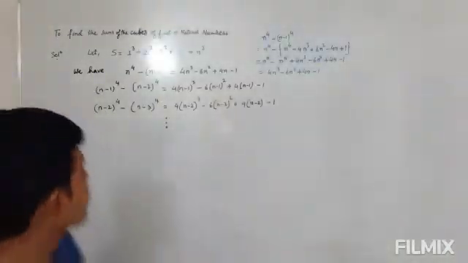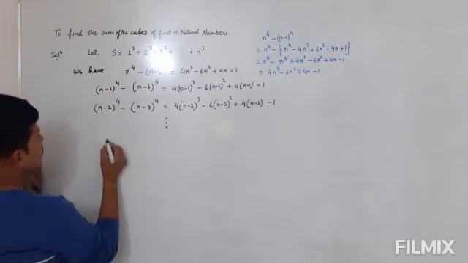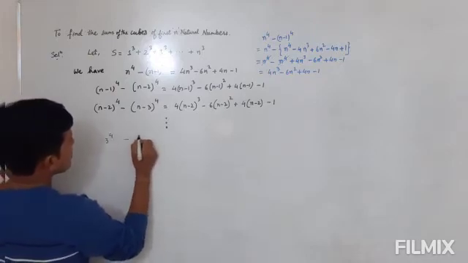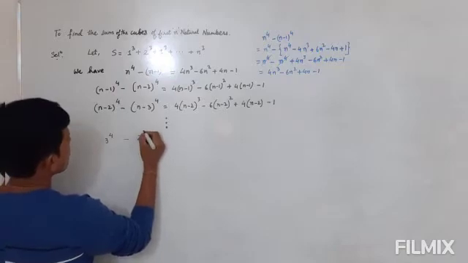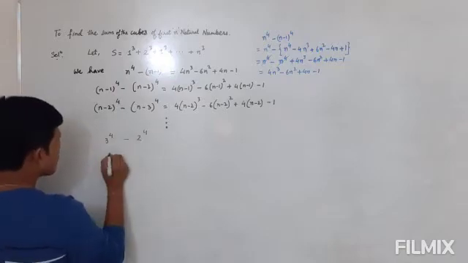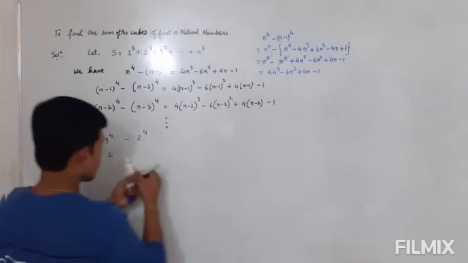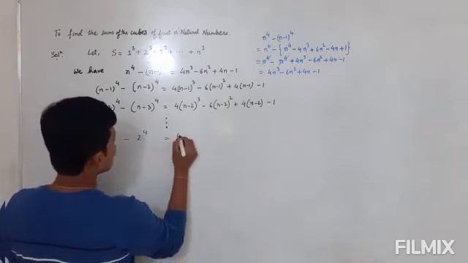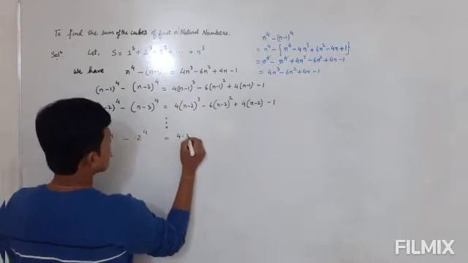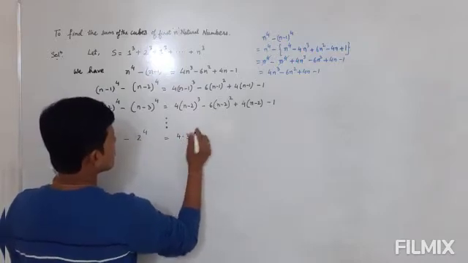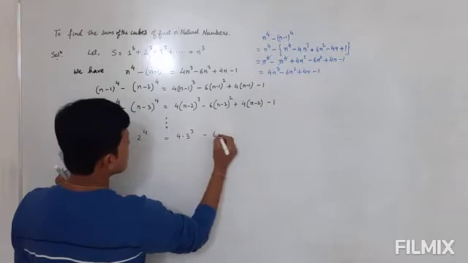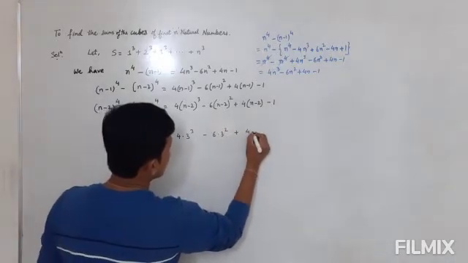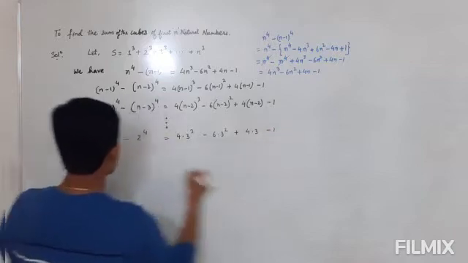Now I am writing over here 3 to the power 4 minus 2 to the power 4, this will be equal to 4 times 3 cube minus 6 times 3 square plus 4 times 3 minus 1.